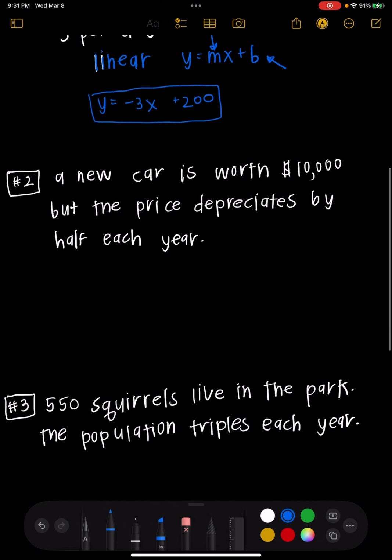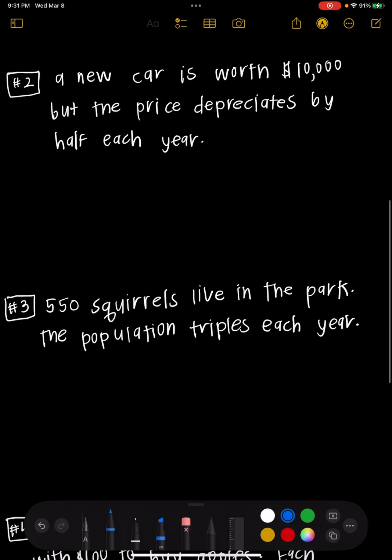Okay, now let's look at the second question. It says a new car is worth $10,000, but the price depreciates by half each year. So it's telling you that it's halving each year, which automatically tells me that it's an exponential equation. And because I know it's exponential, I know it has that formula, y is equal to a times b to the power of x. This is really similar to the linear function in that you already have the information.